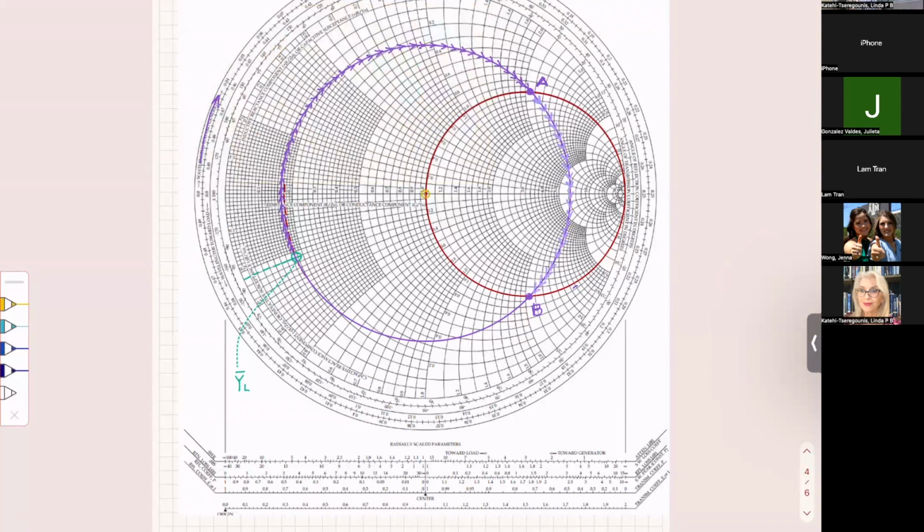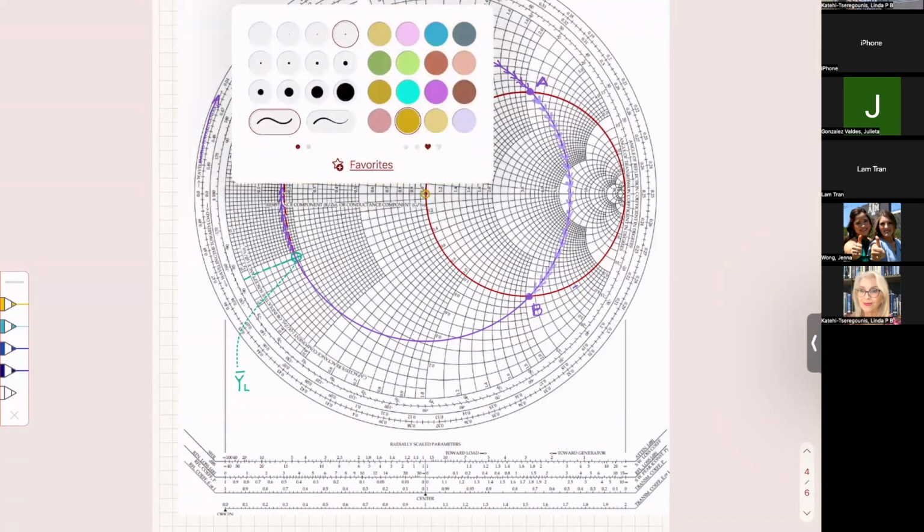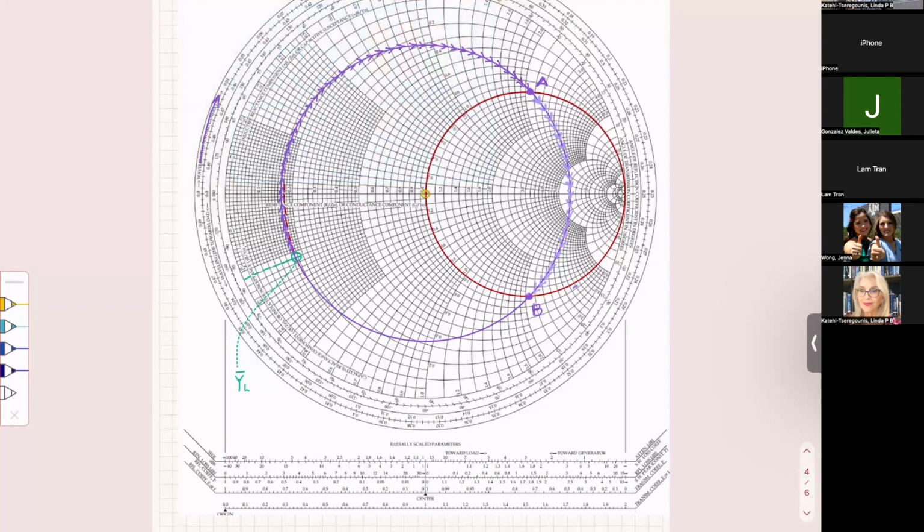Let me use a different color because it's not easy to see. I can only go to the center of the chart if when I am at point A, I can come down this way, which means I will have to remove a reactive part.